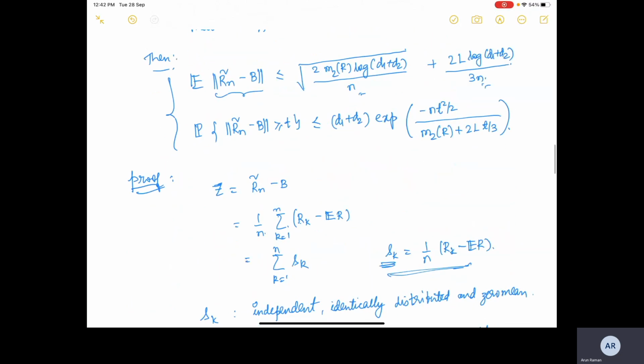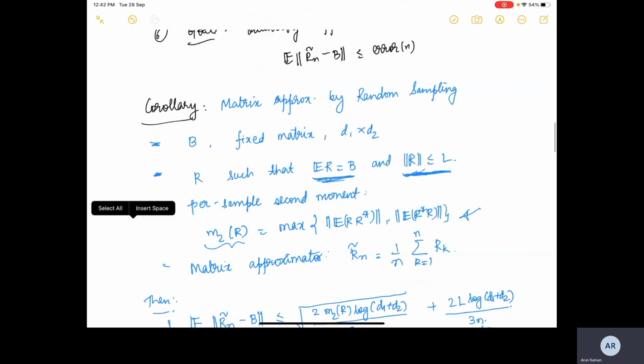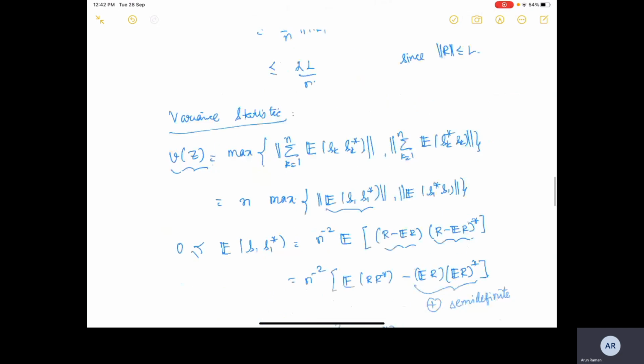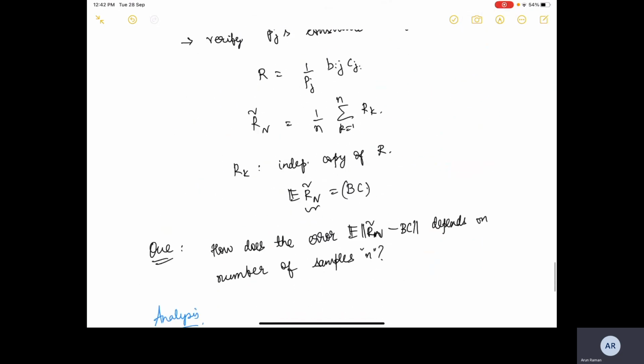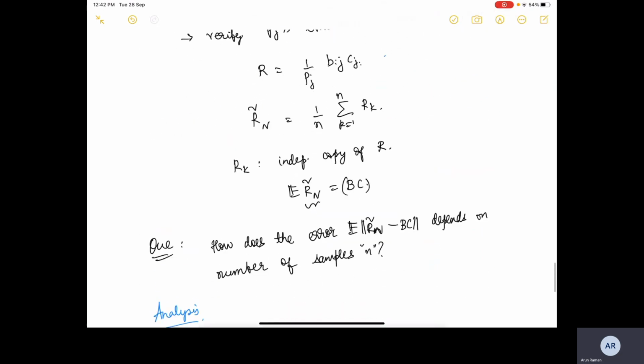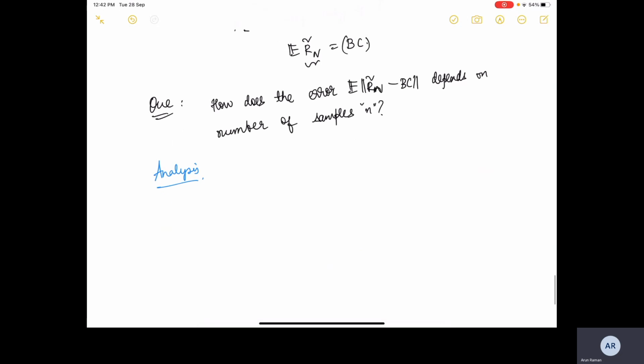Everything was given in terms of R, that the spectral norm of R was bounded by L. So the first thing that we need is a bound on the spectral norm of R. Then once that is done, we need to find the per sample second moment. So these are the two things that we want to do here. Here our R is given by this quantity, so we want to find the bounds on the spectral norm of R. That is what we will do as the first step.